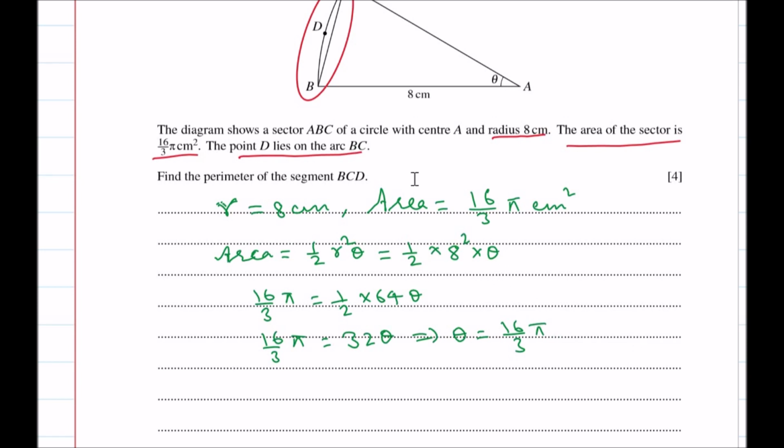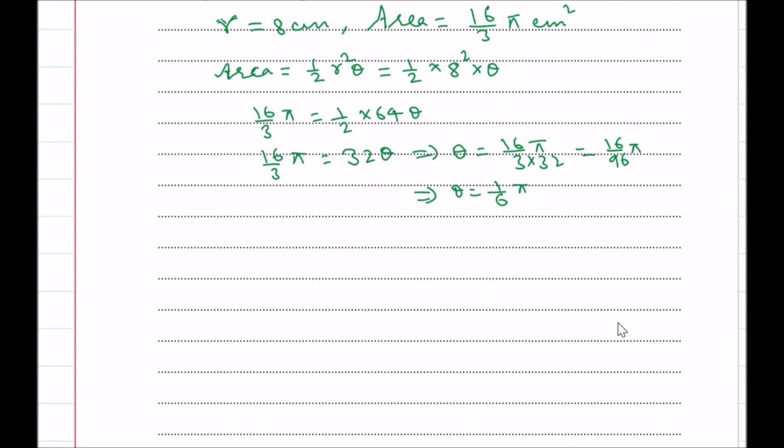Okay, so 3 into 32 comes here. So if you simplify, 16 by 96 pi, this implies that theta equal to 1 by 6 pi. Now we calculated value of theta. Okay. So theta we got.